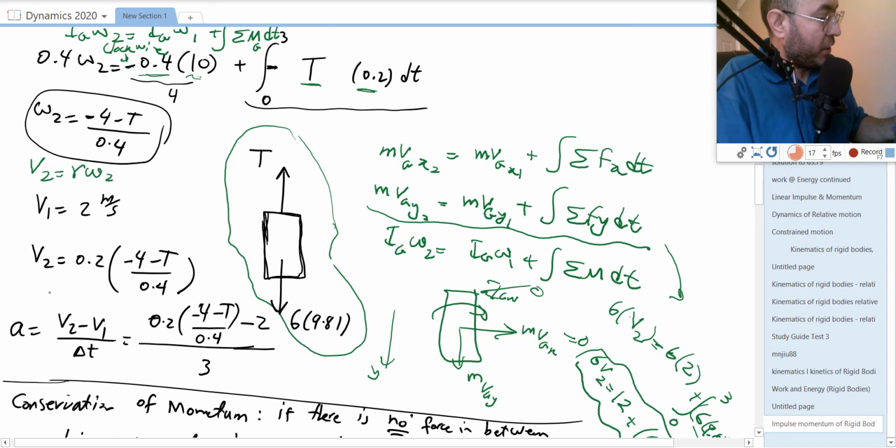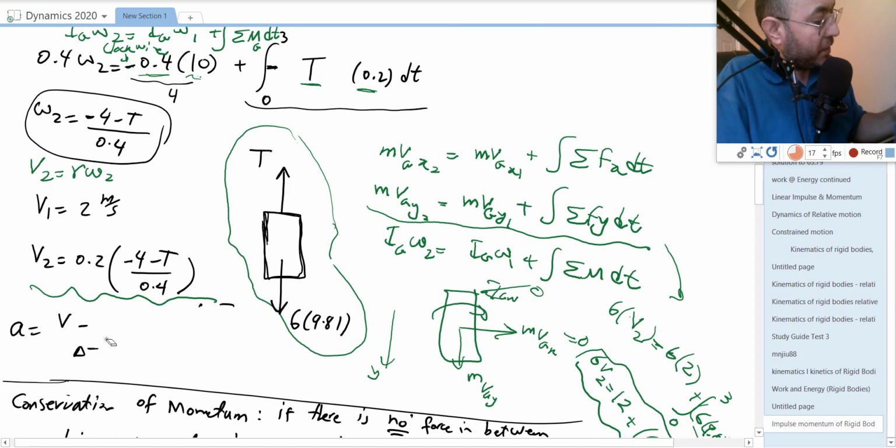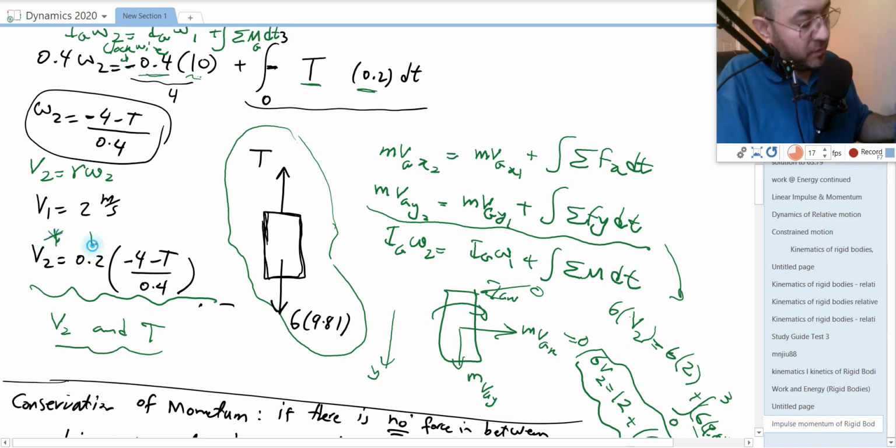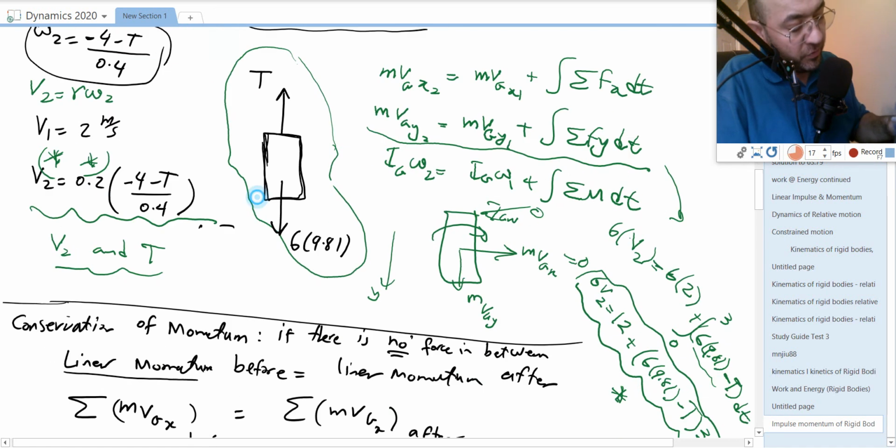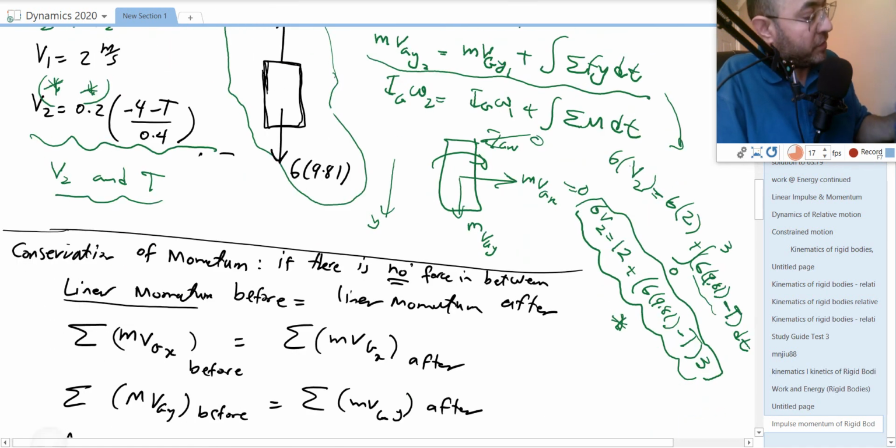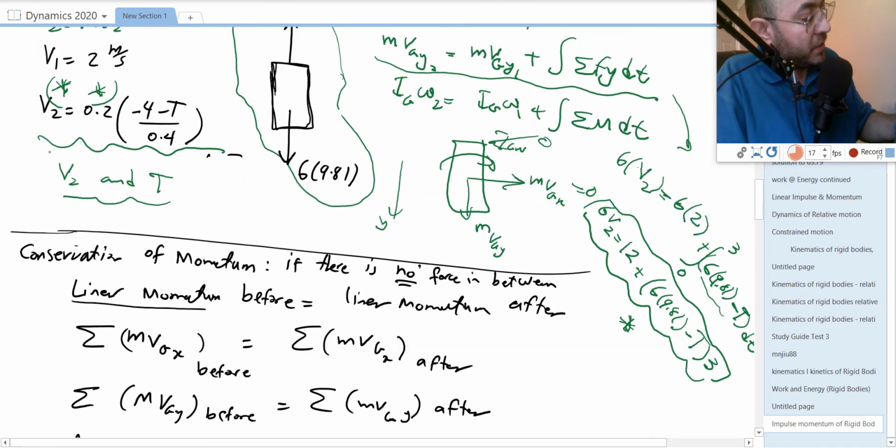So you ended up with one equation here and another equation here. Then using these two equations, you can actually solve it, and then you can find both V2 and T. I'm going to show this equation with 2 stars. So use the equation with 1 star and the one with 2 stars to find V2 and T.